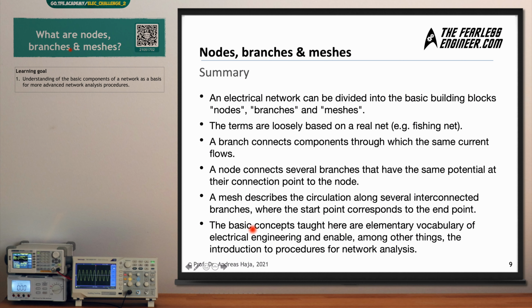And the last one I'd like to share with you is that the basic components taught in this video form the basic vocabulary of electrical engineering and enable you, among other things, to go into this field of formal network analysis, which we will enter in the next video with the branch current analysis.